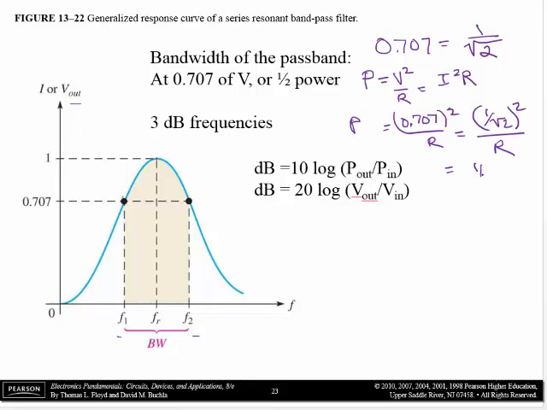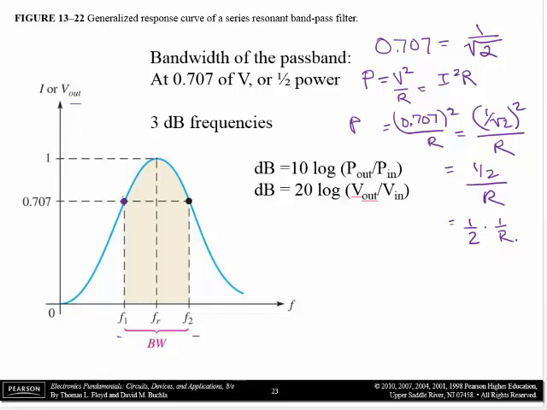And so that becomes 1/2 divided by R, which becomes 1/2 times 1 over R. So really, I've cut the power in half, because if this voltage was at the maximum right here at 1 volt, power would have been 1 over R. But at the place where the voltage comes down to 0.707, the power is now 1/2.